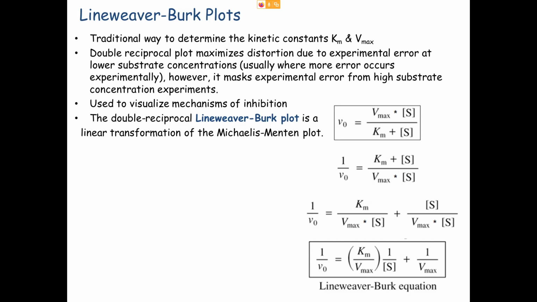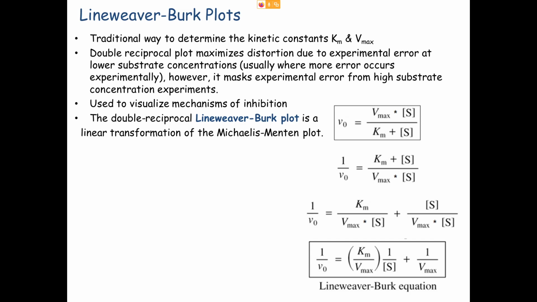This has the form of a line, y equals mx plus b. Y being a variable, 1 over V naught, yes, it's a reciprocal. I said we're going to have weird axes here, but that's the y part, equals some constant. Km over Vmax is some constant because it's a fraction of constants. That's m, that's my slope, times x, again we have an inverted axis here, plus some other constant, b.